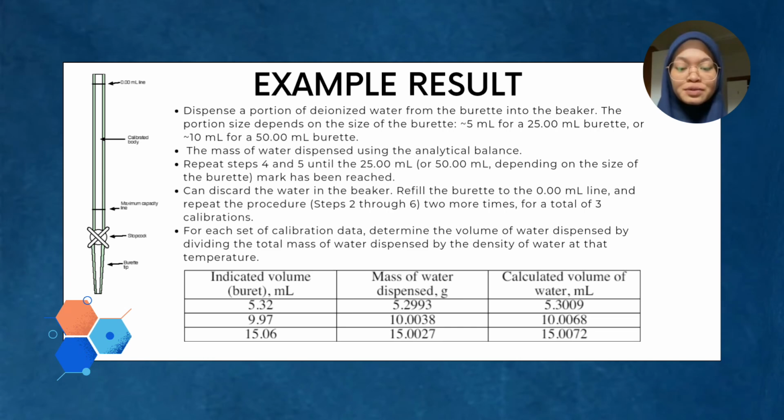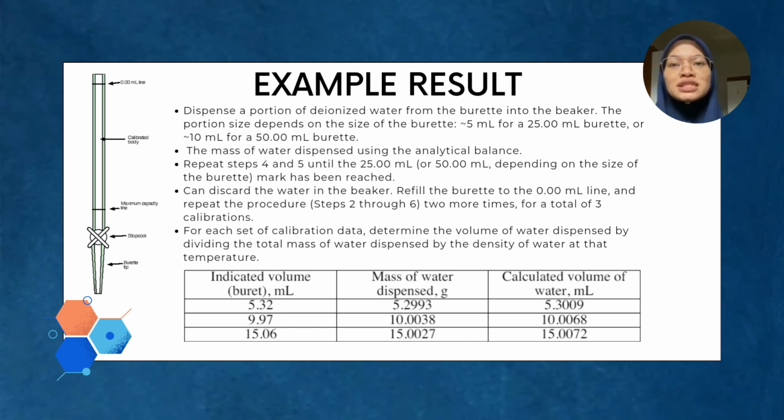The topic I want to present is example result for burette. Calibration mark of burette will be located between 0.00 milliliter or the maximum capacity line. Dispense a portion of deionized water from the burette into the beaker.